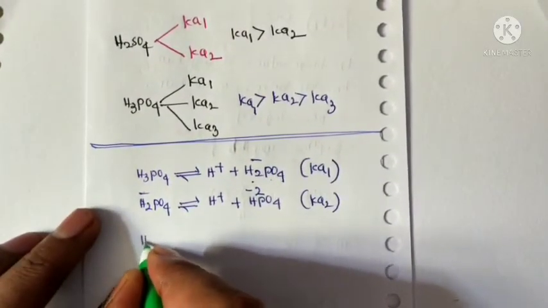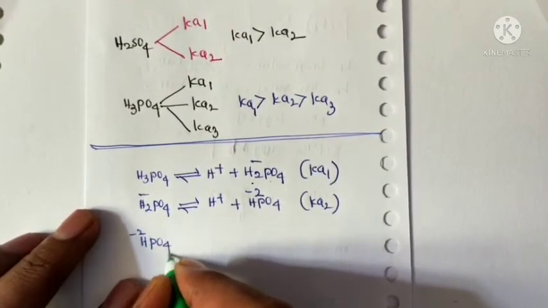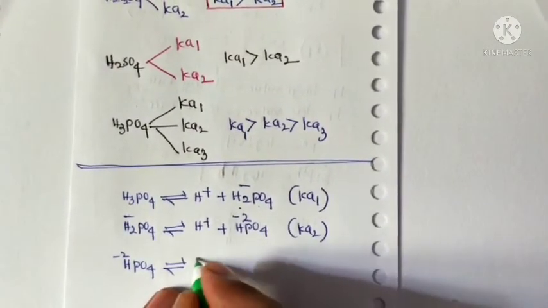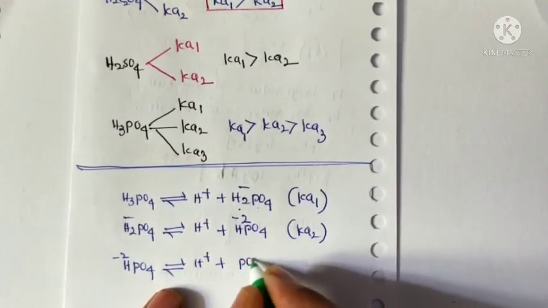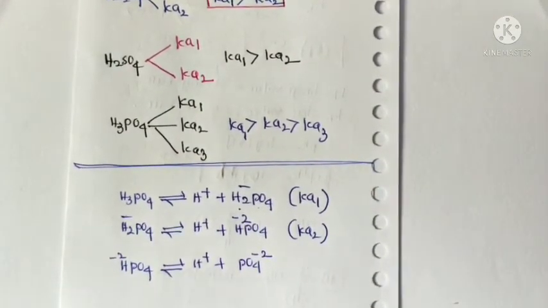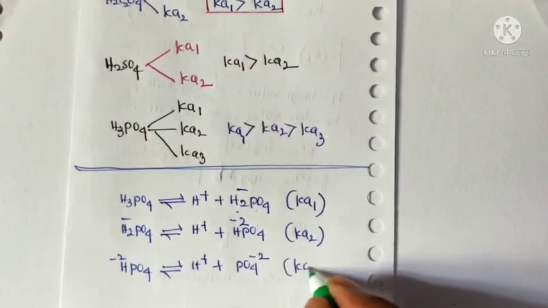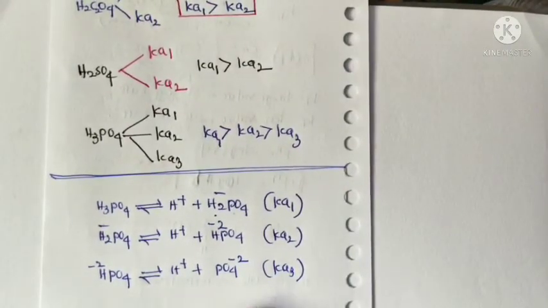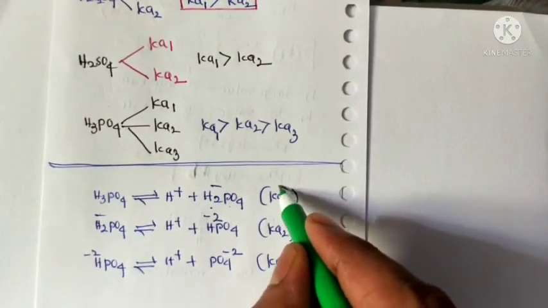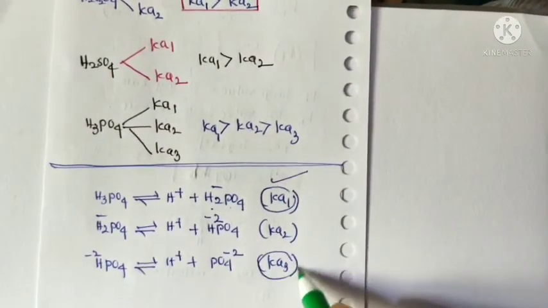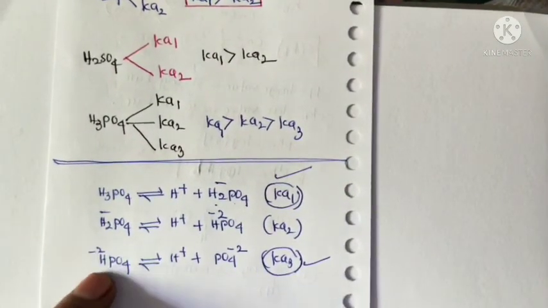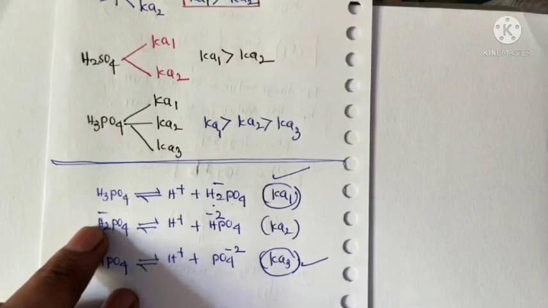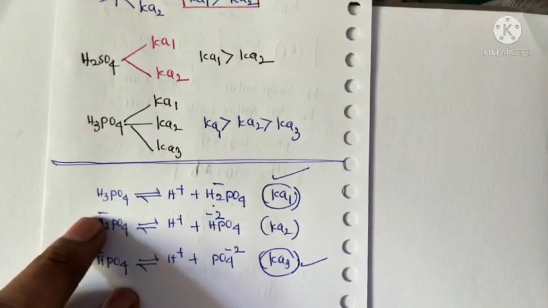The third one is HPO4 2 minus dissociating to H plus and PO4 3 minus ions. So finally we can write the third ionization constant for the weak acid. So this Ka1 value is more and the Ka3 value is less, because for the negative charge, proton removal from minus 2 is very difficult compared with minus 1, and here it is also very difficult compared with the neutral.